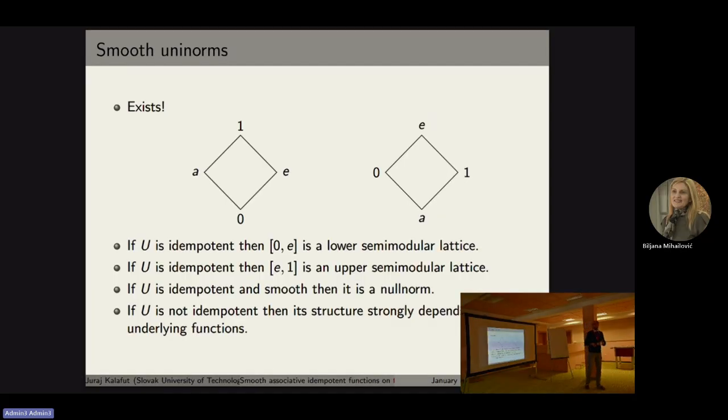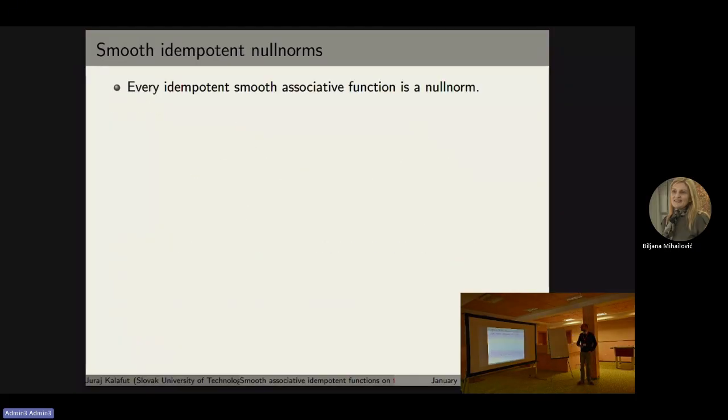Therefore I would like to see that this holds also for all smooth uninorms, but I cannot claim that yet. But from the Lukasiewicz T norms, and when E0 and E1 are chains, it seems that it holds. So maybe it will hold also in general.